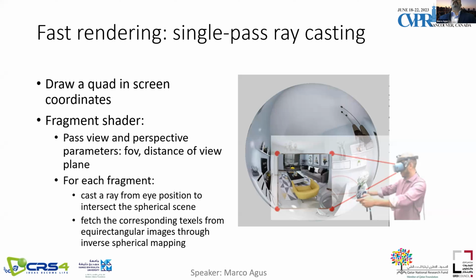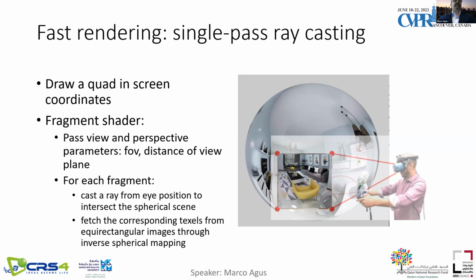So you basically draw a rectangle that is representing the viewport, and then in the fragment shader, you pass the parameters that you need for performing the perspective transform, like the field of view or the distance from the viewing plane. And then for each fragment, for each pixel in the rectangular image, you cast a ray that is starting from the eye position that intersects with the spherical scene.